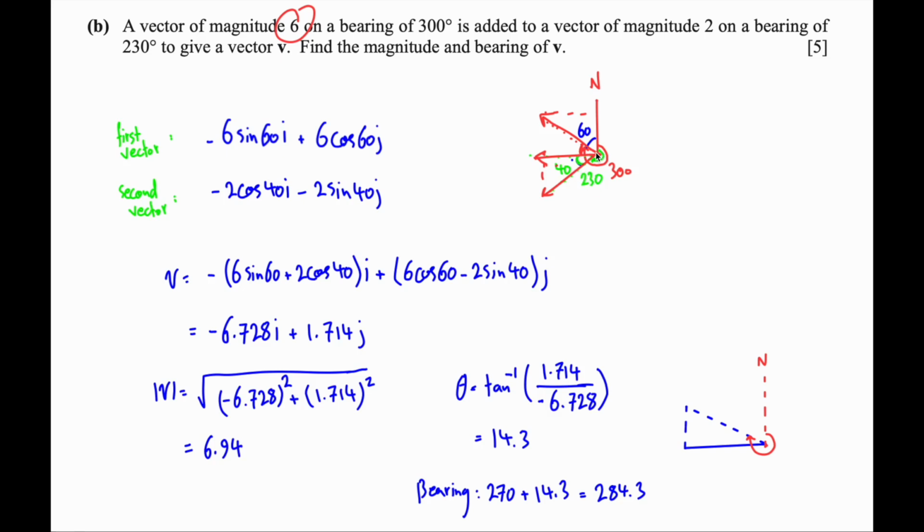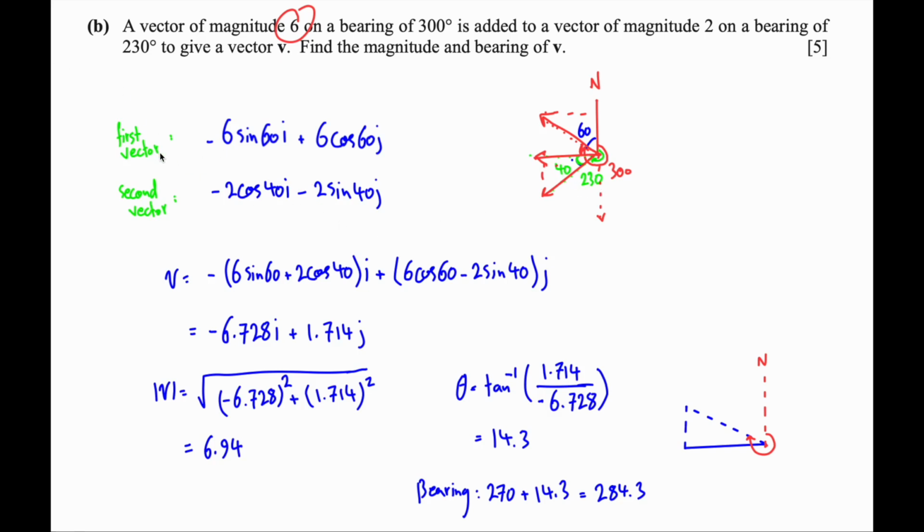We've already gone through 230 degrees, another 40 degrees to the x-axis, and therefore I'm going to use cosine 40 for the i component, and for the j component we're going south, so it has to be negative, and it is sine 40.